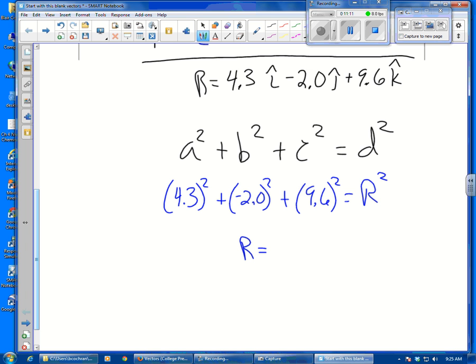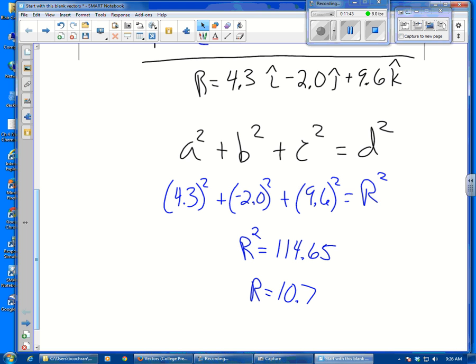But 4.3 squared plus negative 2 squared plus 9.6 squared, I get my R squared to be 114.65. But I don't want R squared, I want R, so I square root that, and I get 10.7.